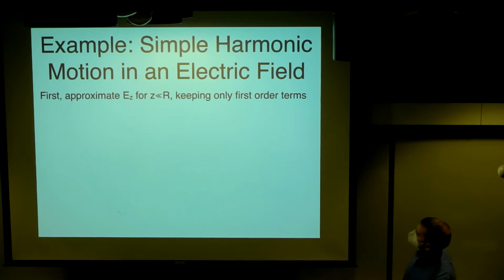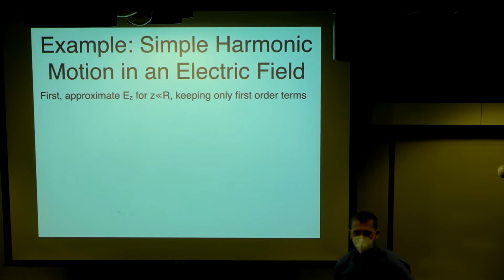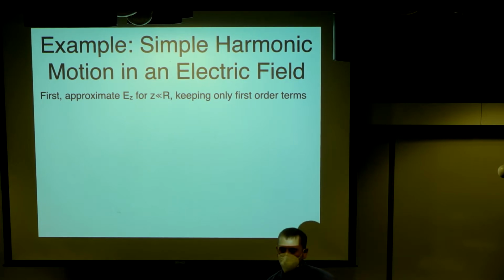And I'm going to make an approximation. Remember, we have this idea that we have some formula and we can approximate it by only keeping the first order terms in a Taylor series. So we're going to do that kind of thing to the formula for E_z that we found. And for that, we're just going to do it on pen and paper.